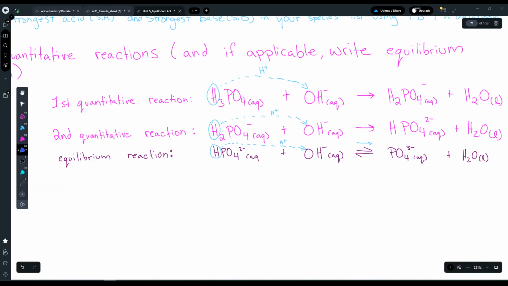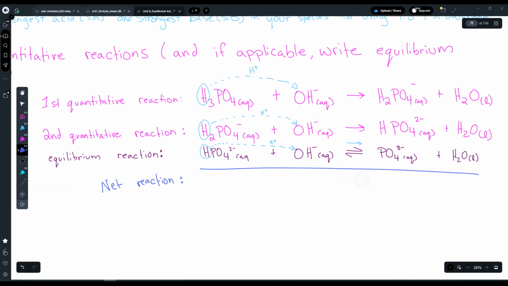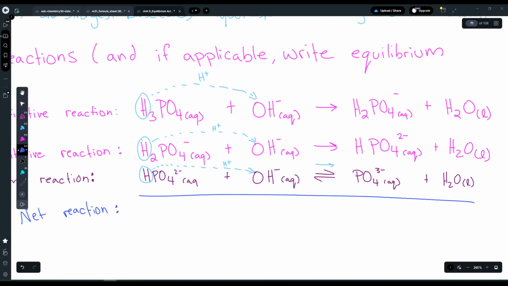Now we need to write the net reaction. Remember, the net reaction only focuses on the quantitative reactions. You just ignore the equilibrium, and the equilibrium is not part of the net reaction whatsoever. Looking at our pink quantitative reactions here, we first want to pick out any substances that appear on both the reactant and product side.